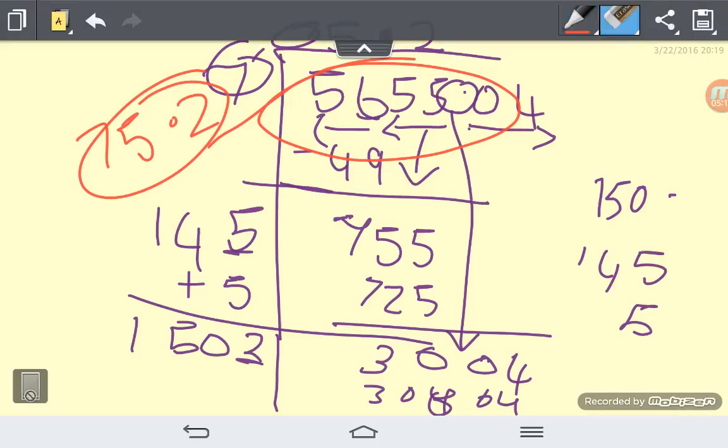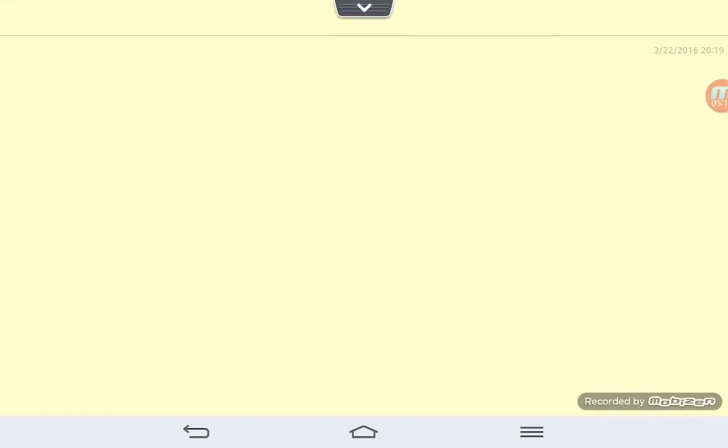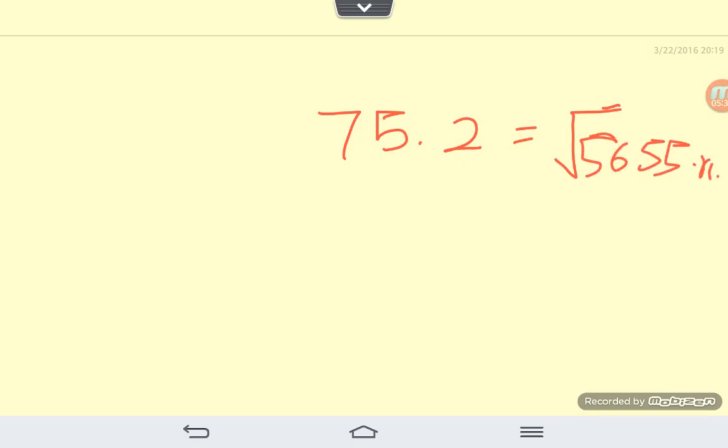So this is the method for finding square roots of decimal numbers using the long division method. We have got 75.2 as the square root of 5655.04. Okay, stay tuned for more videos. Bye.